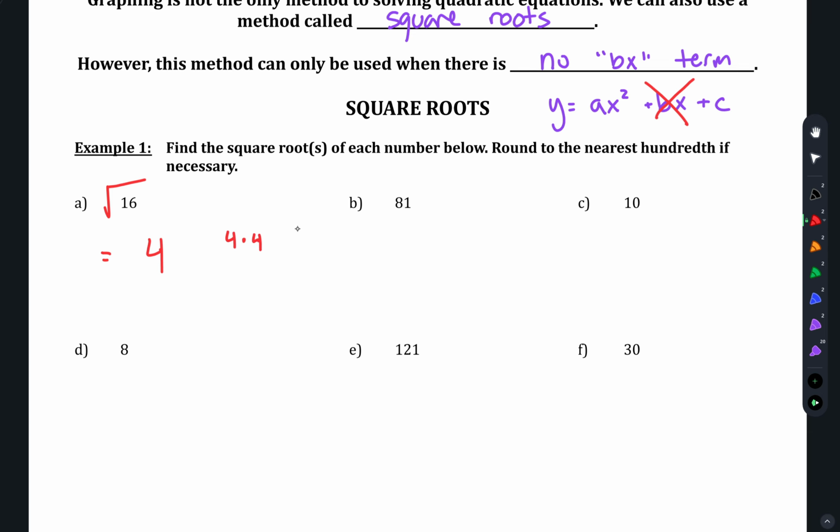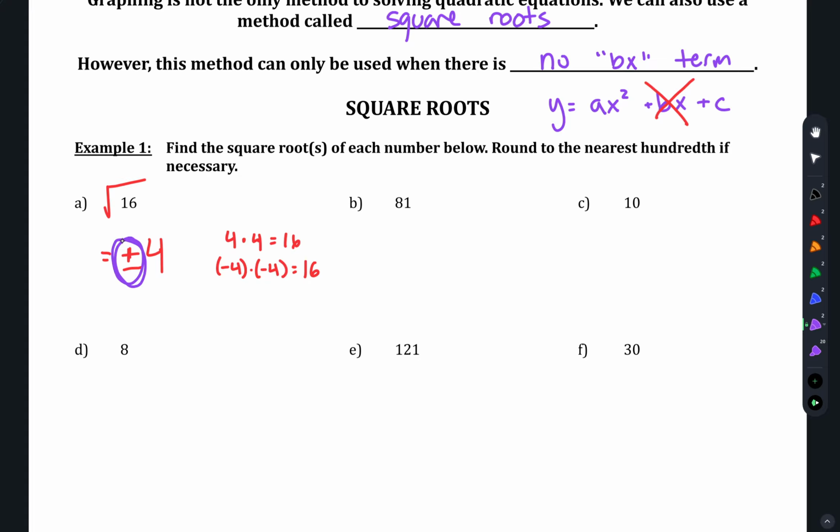Yes. So we have 4 times 4 gets me 16, and negative 4 times negative 4 also gets me positive 16. So when we write these, we need this symbol that means plus or minus. So it's like a plus sign on top of a minus sign. And we need that every time we do square roots.